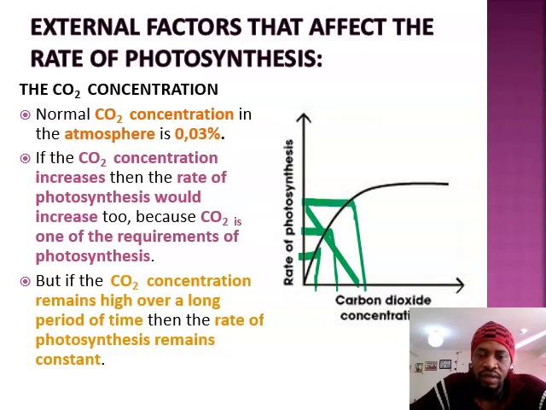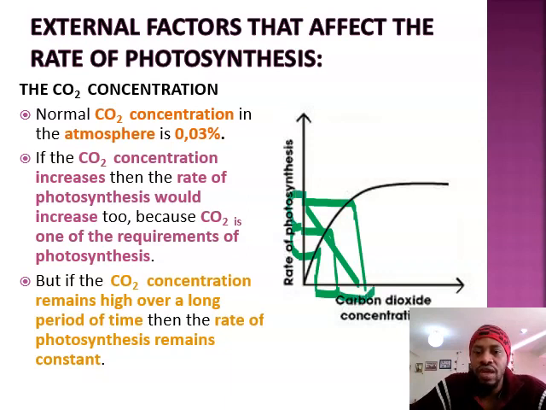As the amount of carbon dioxide increases, the rate of photosynthesis also increases. It goes a bit faster. As we increase even more, it goes again even faster. But at one point, you will see that although we are increasing carbon dioxide, the rate of photosynthesis levels off. It means it remains more or less constant.